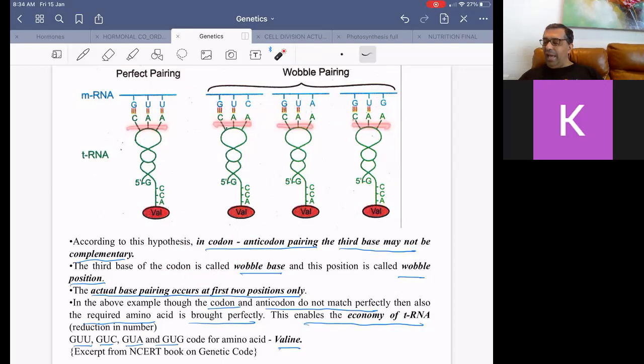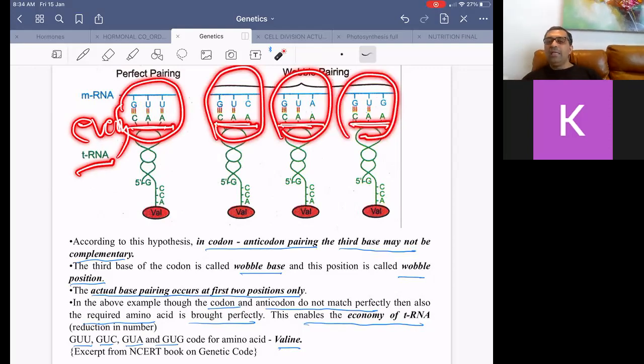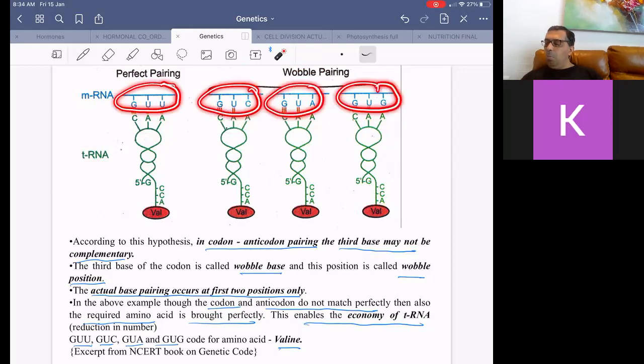The same tRNA, CAA, can pair with more than one codon: GUU, GUC, GUA, GUG.